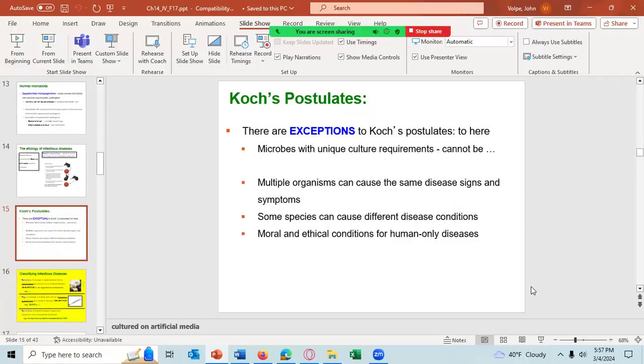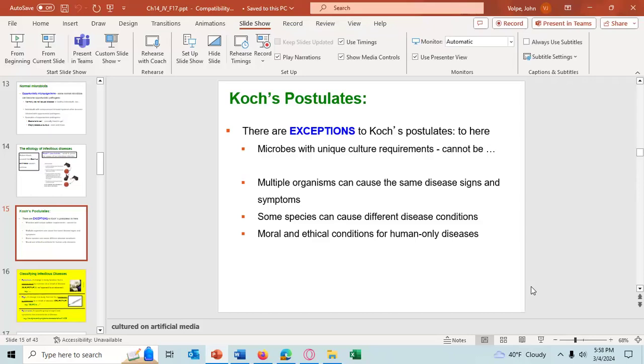There are exceptions to Koch's postulates. For example, what do we have if the microbe has unique culture requirements and we cannot get it to grow in vitro for over 100 years? Let me think about that. Probably close to 140 years, they were trying to get the microbe that causes syphilis to grow in tissue culture.